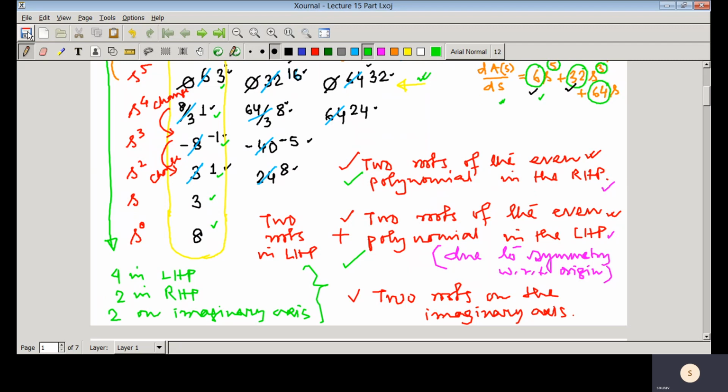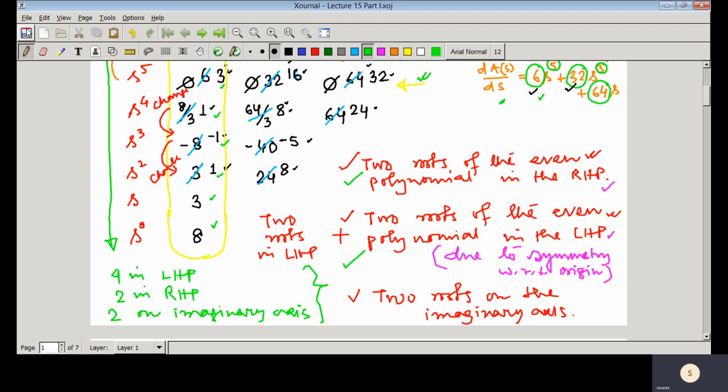In one case, all elements in a row become zero. So in that case we need to take that auxiliary equation and apply the concept of even polynomial. And the other case, if the first element of a row becomes zero, then we need to follow that epsilon method, but sometimes that epsilon method may fail.